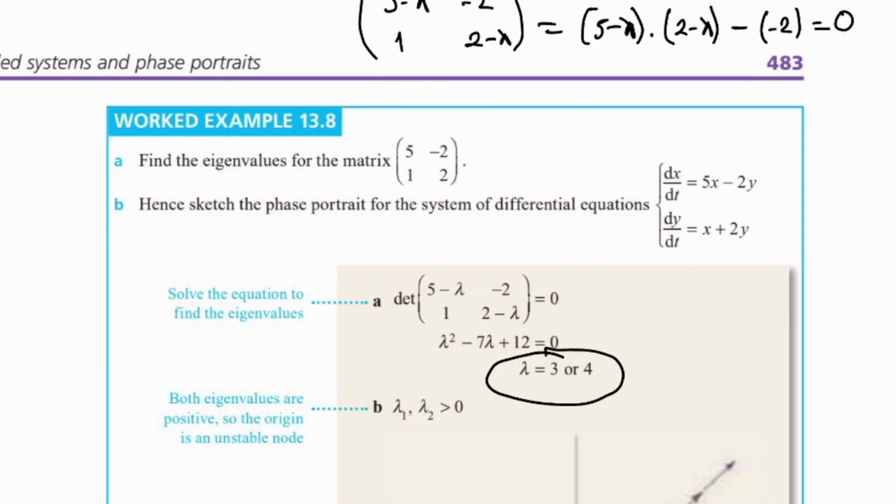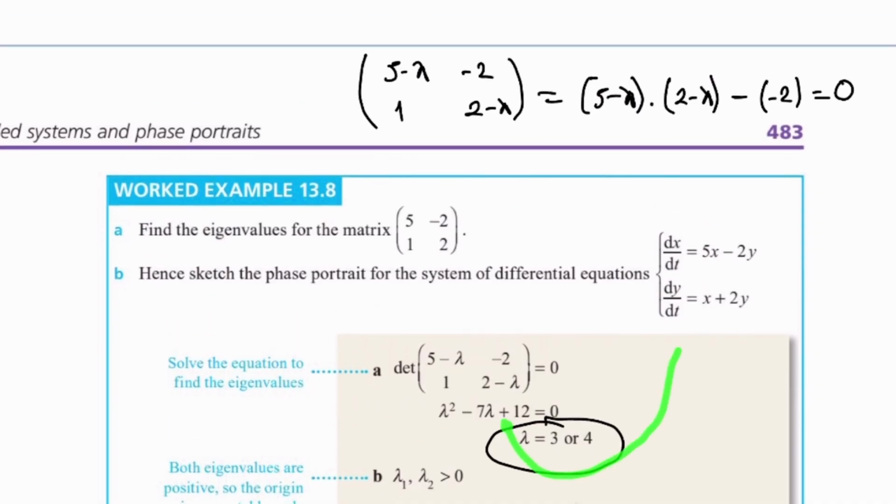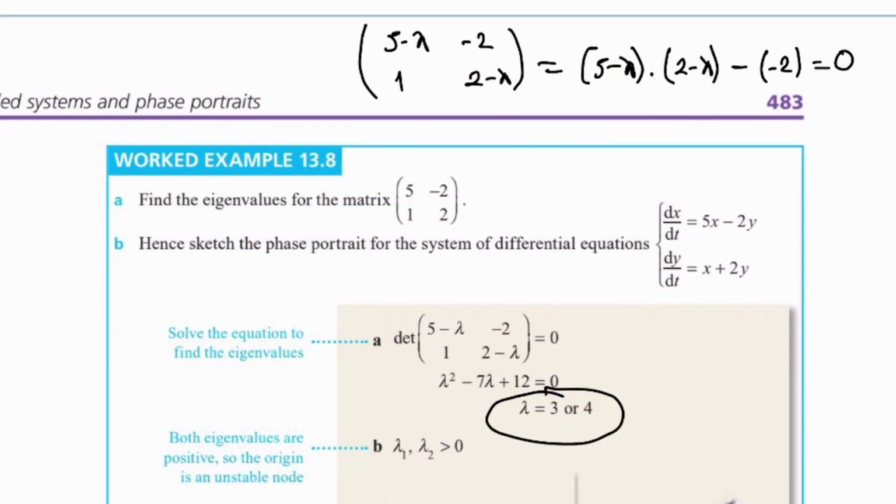Okay, so I'm gonna just skip this process a bit faster because you know how to find eigenvectors, eigenvalues. So both of them are bigger than 0. So how it should be? If it's bigger than 0, they are going out from the origin.